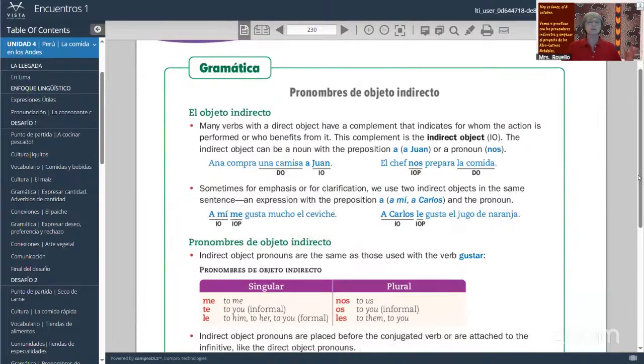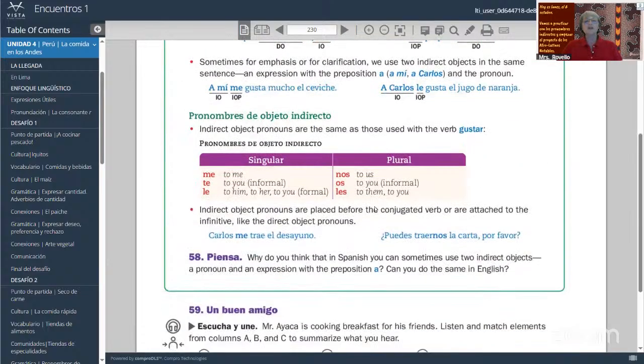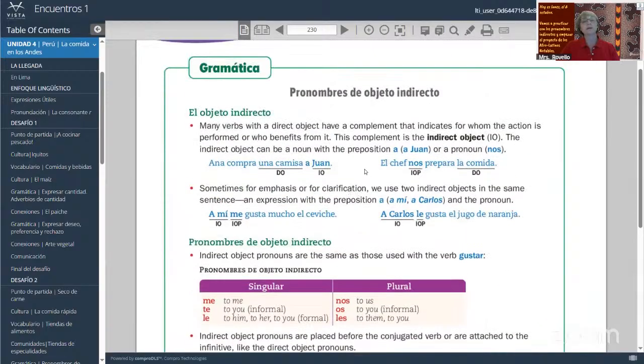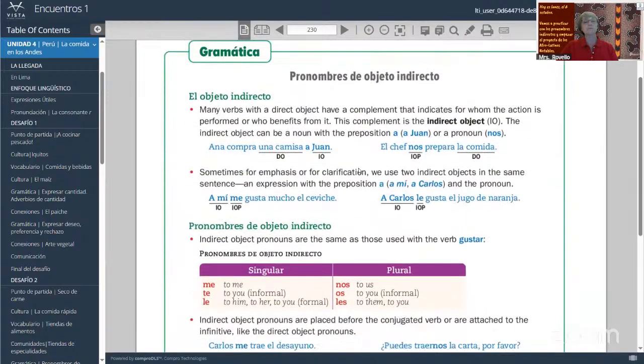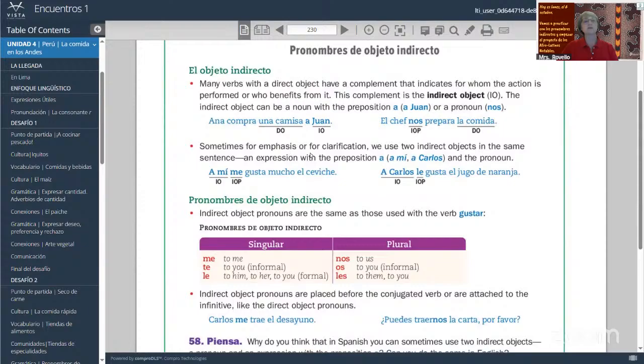Thank you. Okay, so this is out of our book. You also have this in your modules, okay? But what I want us to do here in just a second is, again, some live practice. Just as a reminder, sometimes for emphasis in Spanish, you use both of them.